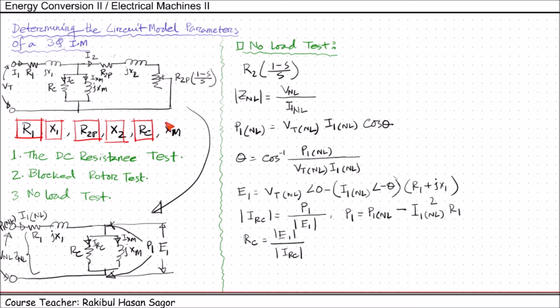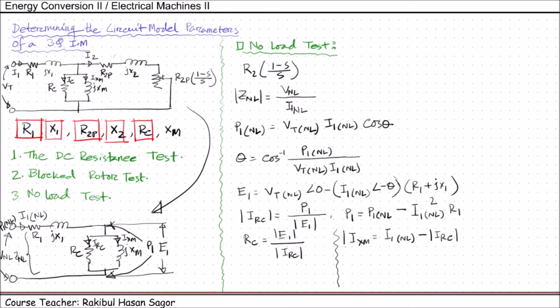Now we are left with XM. The current through this XM, which is IXM, can be found using this formula: IXM equal to I1 under no load condition minus IRC.